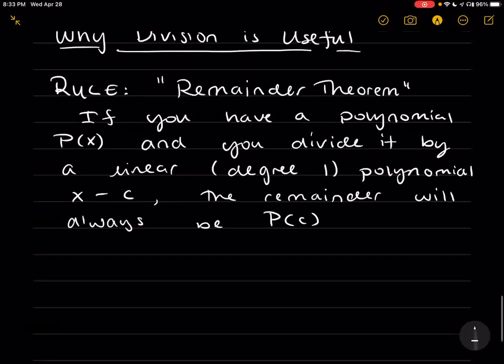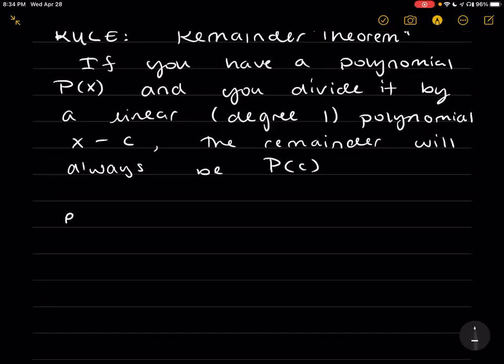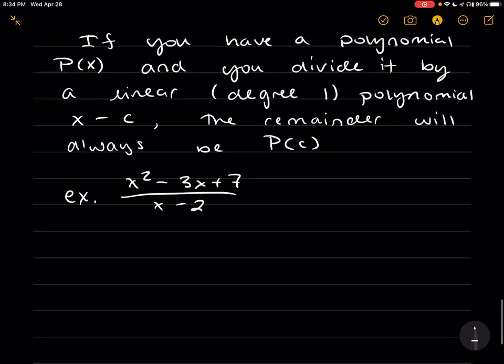So for example, earlier we did the division x squared minus 3x plus 7 divided by x minus 2. That was our first example, and we saw the remainder is 5. So let's check to see if this remainder theorem works.